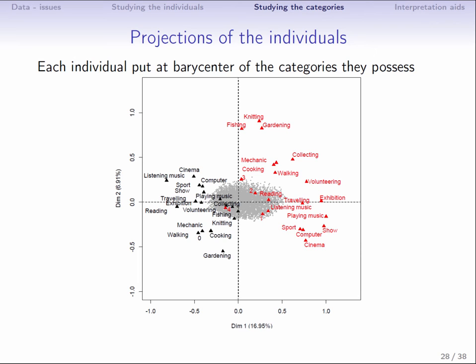An individual can be considered like the set of categories they are in, so we can place an individual at the barycenter of its categories. We see that all the individuals end up in the center of the cloud, which makes sense because they are essentially representing means here.